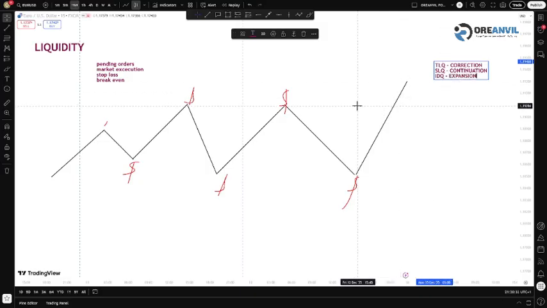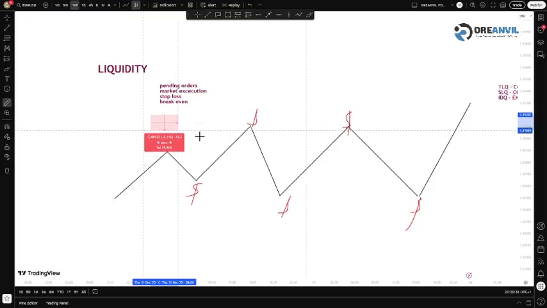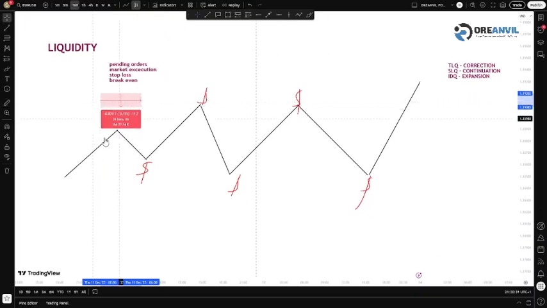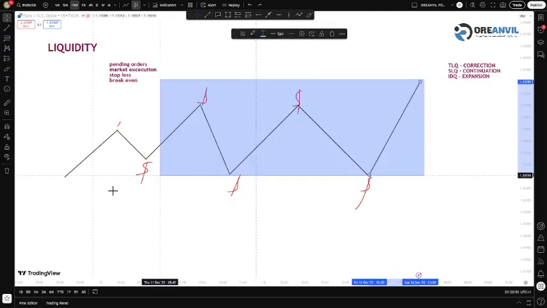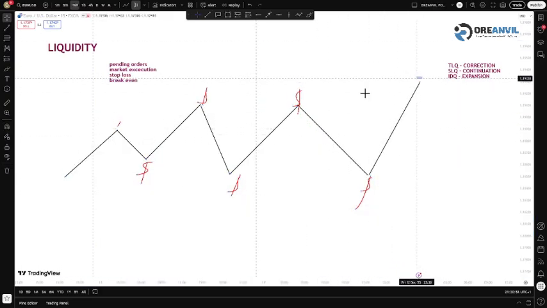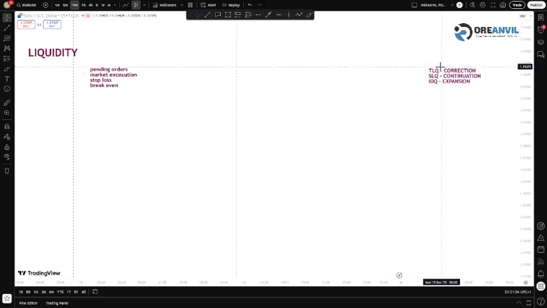These are the only four liquidity we actually need in the market.